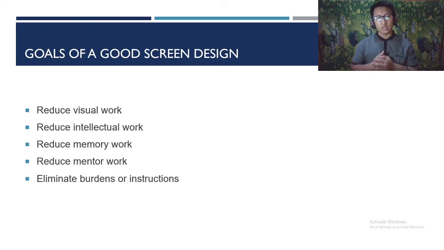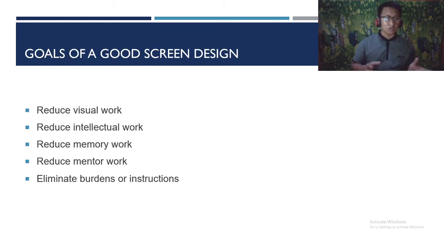What are the goals of a good screen design? Specifically, the goals of a good screen design are the following: reduce visual work. Users can easily navigate and easily see what they want.